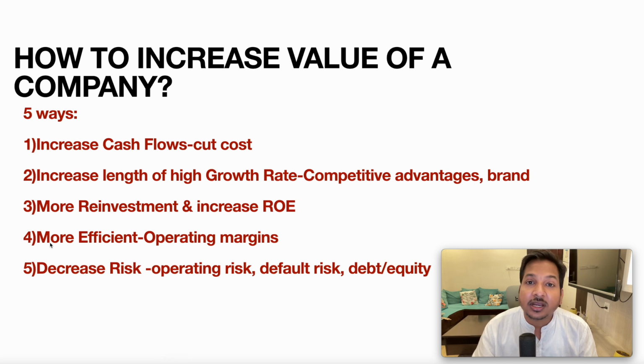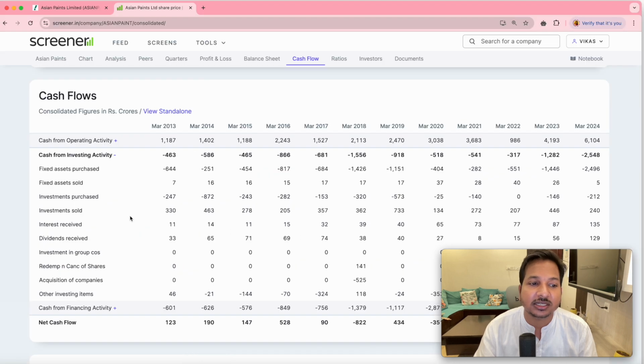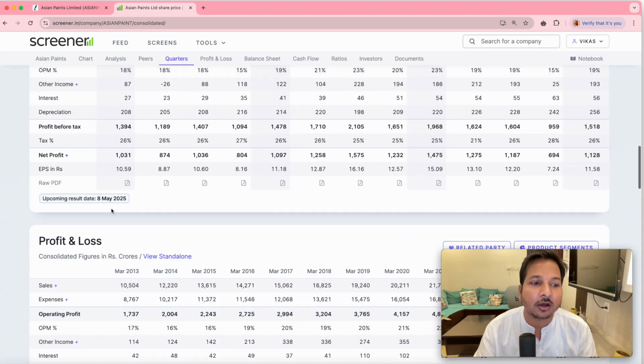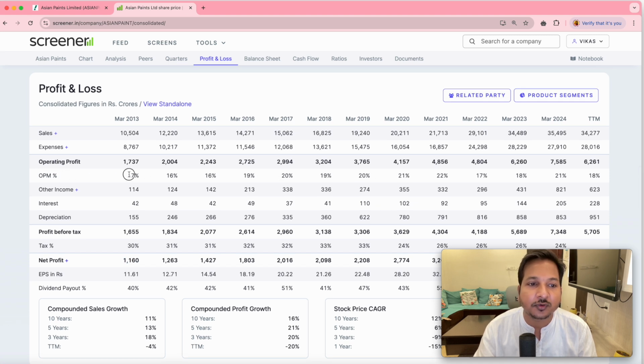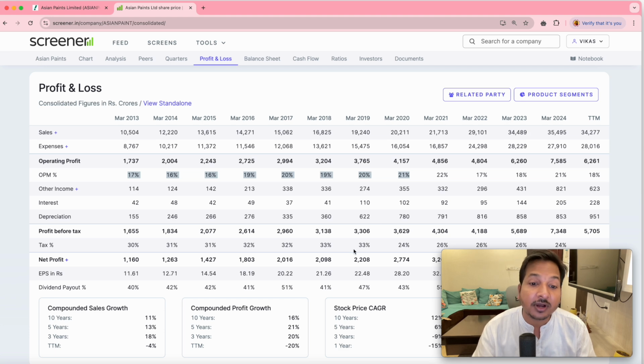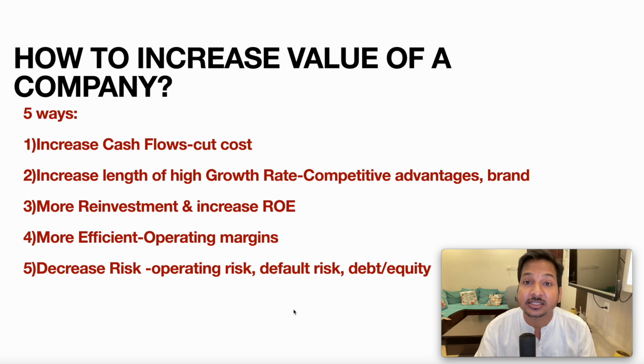Then whether the company becomes more efficient by increasing its operating profit margin. This number is in the profit and loss section, where OPM margins are there, OPM percentage. Suppose these numbers are increasing, like if you see from 2013 to now, Asian Paint margins were increasing. If a company can increase its operating profit margin, that is a sign that it is increasing its value.